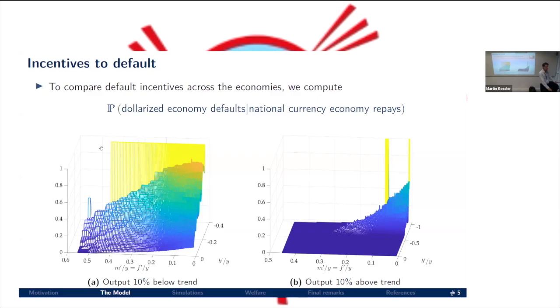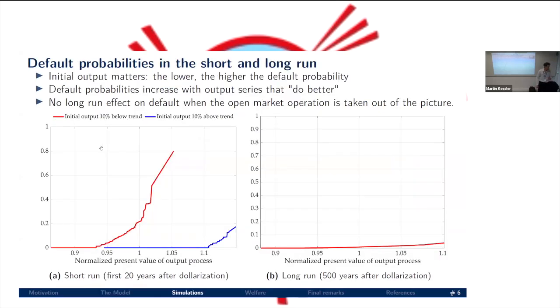So this shows that there appears to be an effect of dollarization on default incentives. Now, where does this come from? We argue, as I said in the beginning, that dollarization implies an initial open market operation that might set the path of debt in an unsustainable way. I simulate data from the model and compute these probabilities that I just showed you in simulated data.